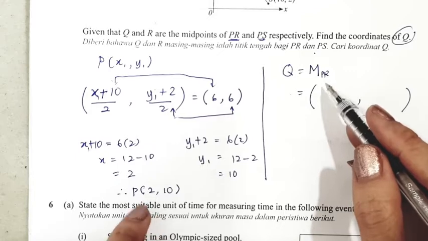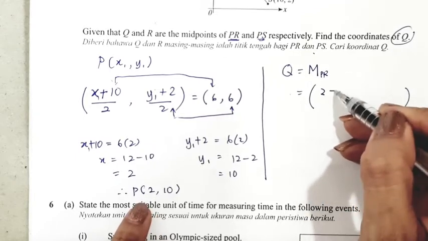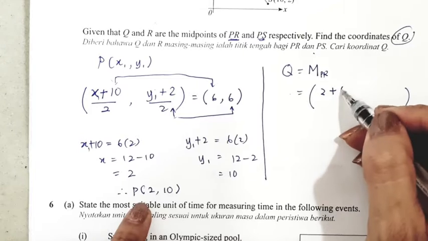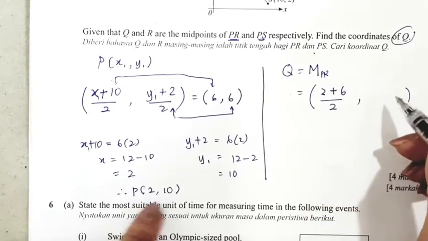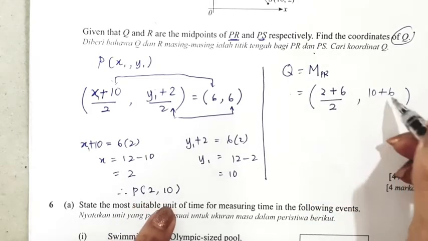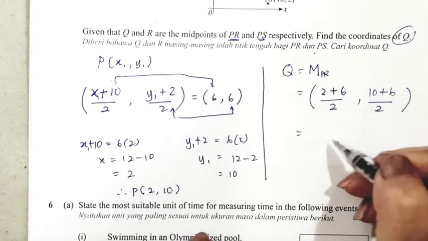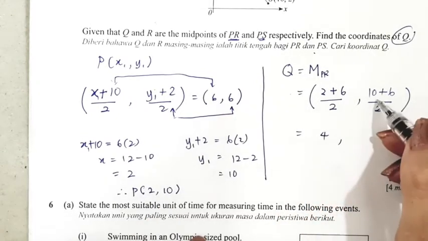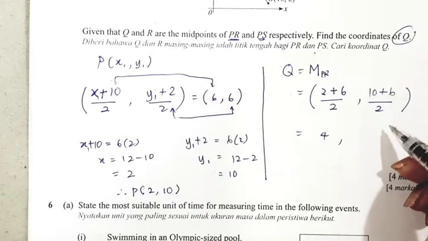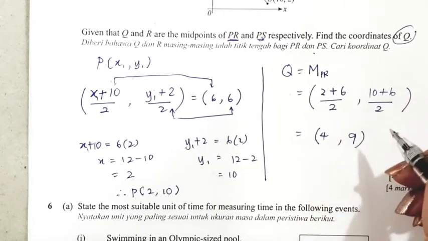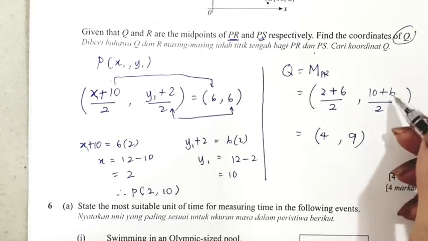So P is 2 for X. For the R, it is 6. So divide by 2. 2 plus 6 is 8 divided by 2. We have 4. 10 plus 6, we have 16 divided by 2. We have 8. And don't forget to put the bracket.